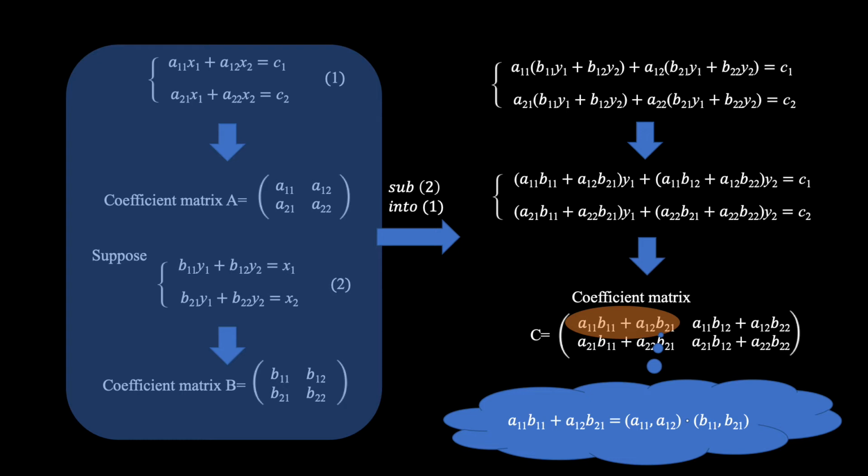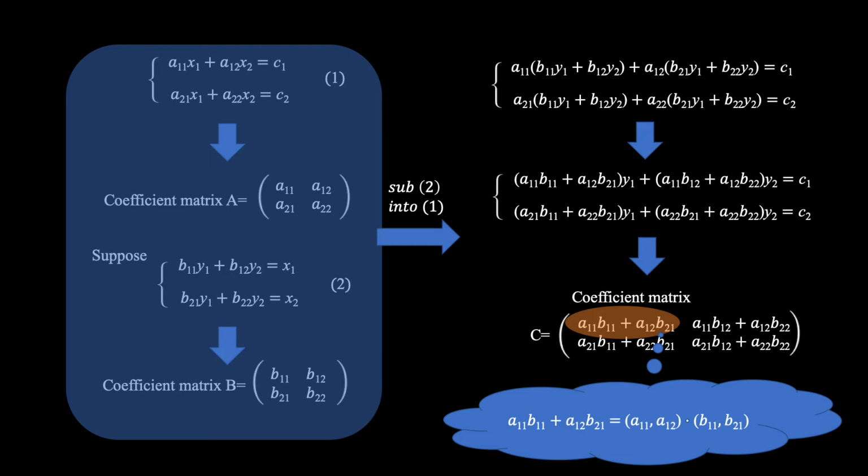You can possibly get some clue here that C equals A times B, and that the ith row, jth column entry of C is the dot product of the ith row vector of A and the jth column vector of B. Then we can verify whether it is the same for C's other entries.